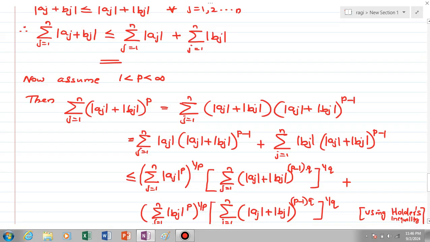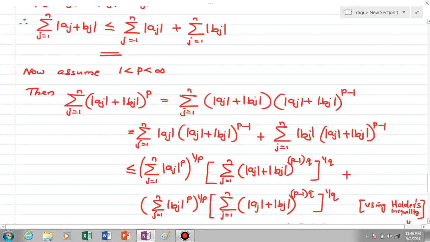This can be written as Σ_{j=1}^n (|a_j| + |b_j|)(|a_j| + |b_j|)^{p-1}, right? Then we are splitting this summation into two terms: Σ_{j=1}^n |a_j|(|a_j| + |b_j|)^{p-1} + Σ_{j=1}^n |b_j|(|a_j| + |b_j|)^{p-1}.